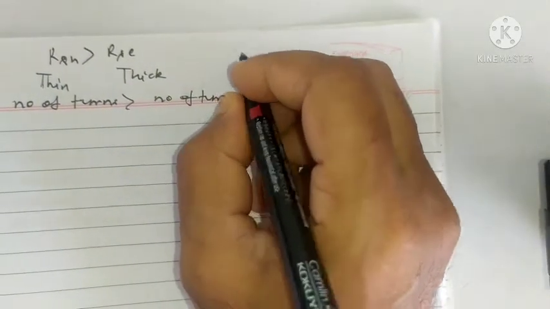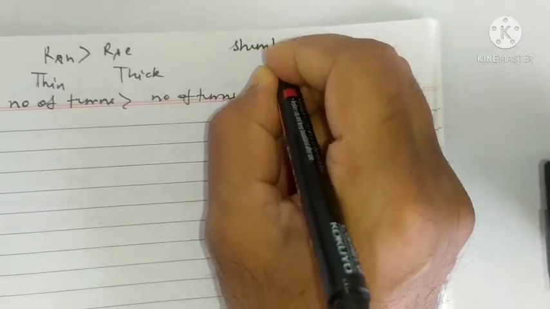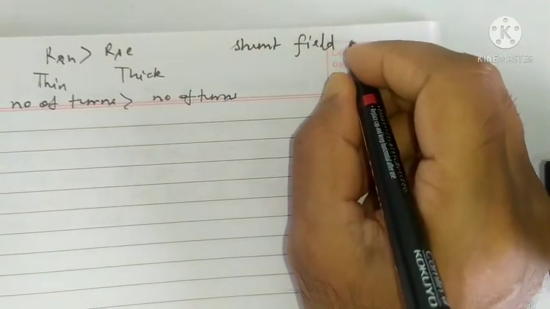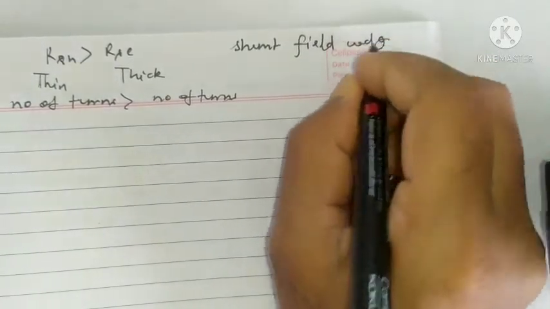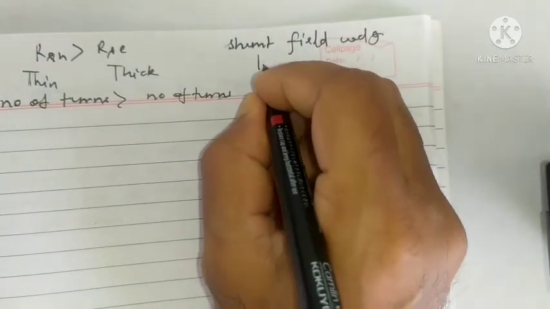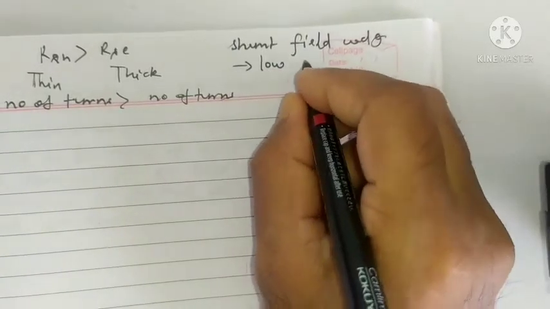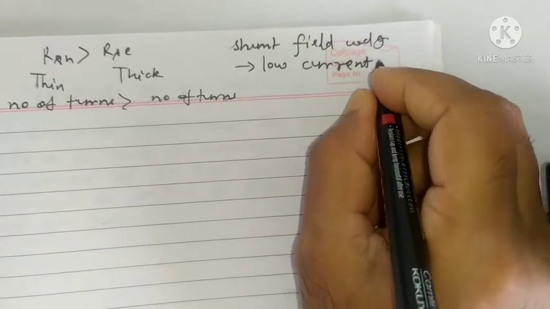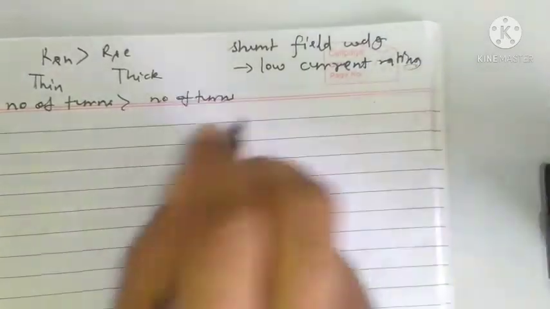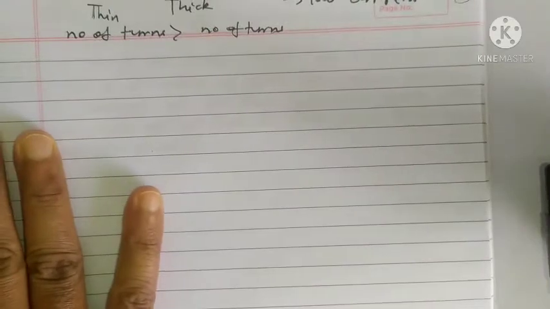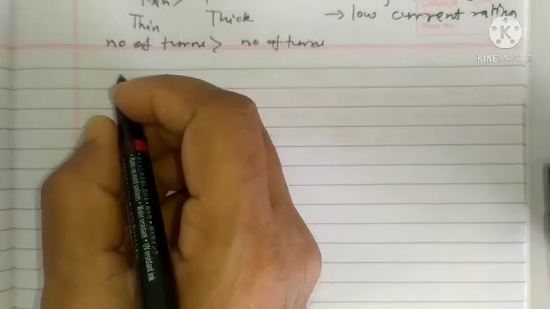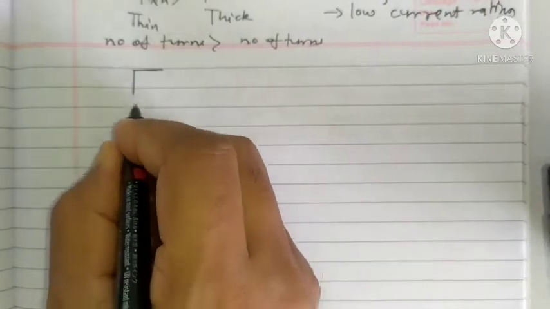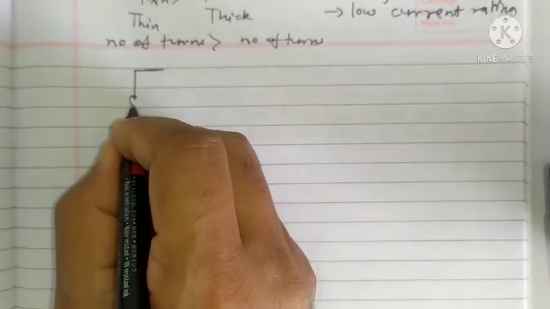So shunt field winding is designed for low current rating, whereas series field winding will be for high current rating, right? So this is what series and shunt motor, and if I go for compound motor, so I will have, say, this is long shunt compound motor.